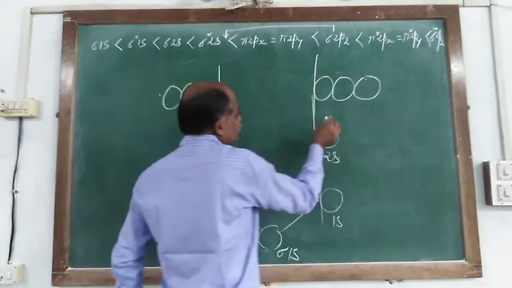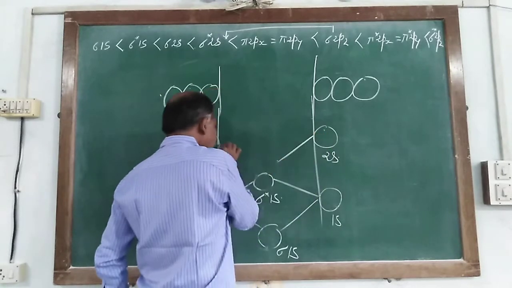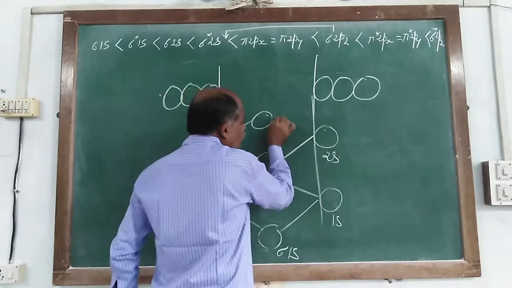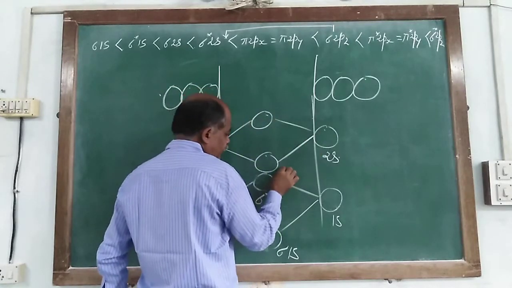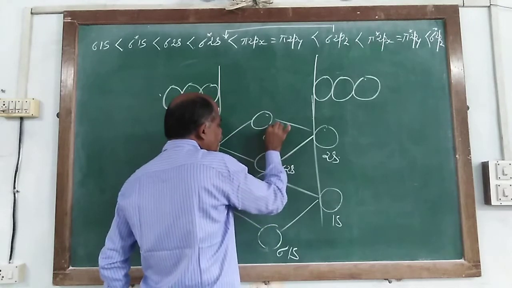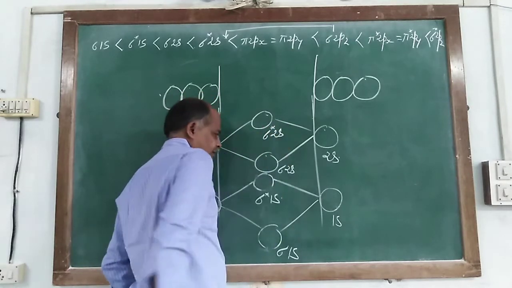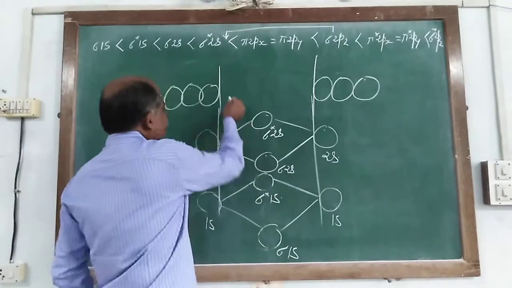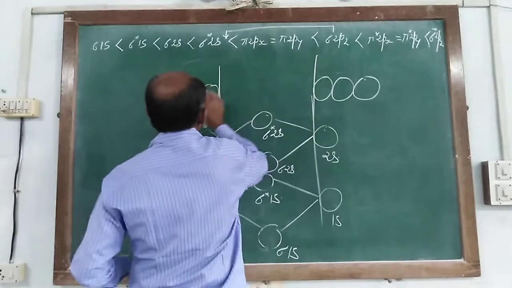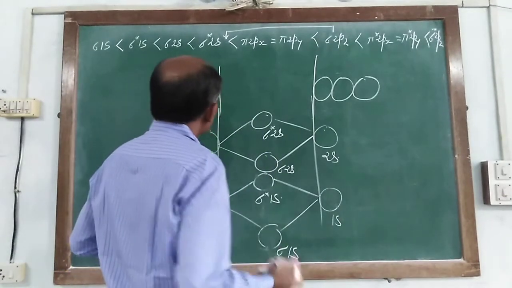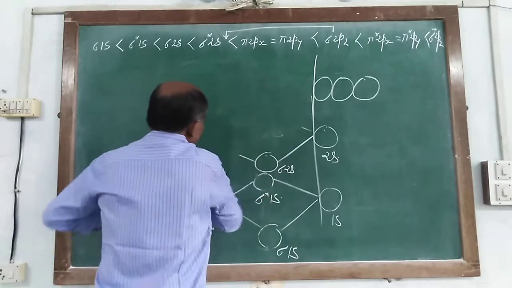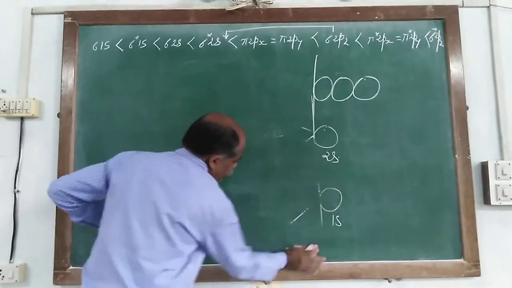Here it is also divided, forming another two orbitals, known as sigma 2s and sigma star 2s. It is further divided into two parts.